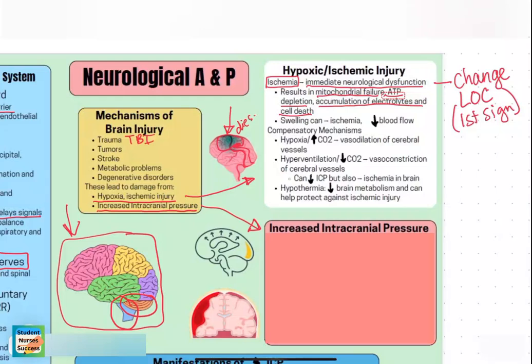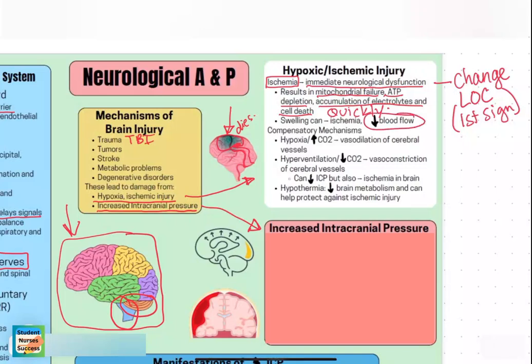And this happens pretty quickly. We also know that sometimes an injury to the brain can cause swelling. We know the inflammatory process results in swelling. This swelling puts pressure on the brain and it can compress the brain, decreasing blood flow, causing ischemia as well.